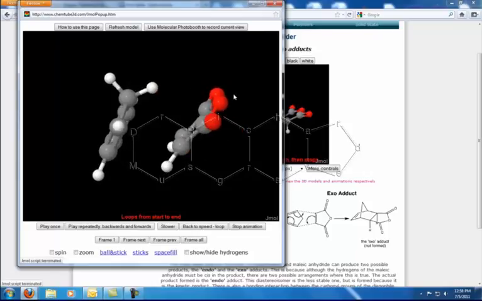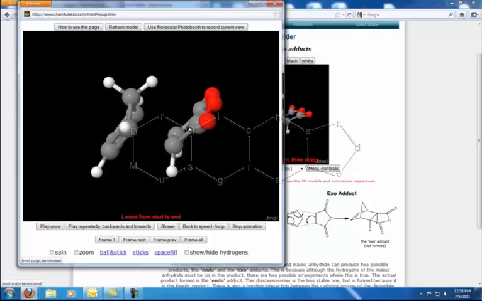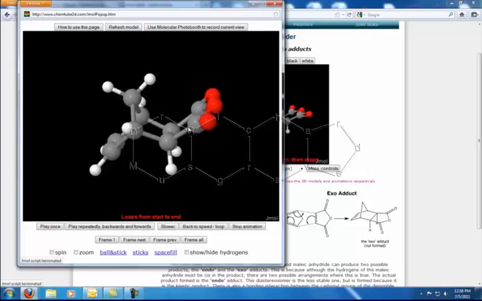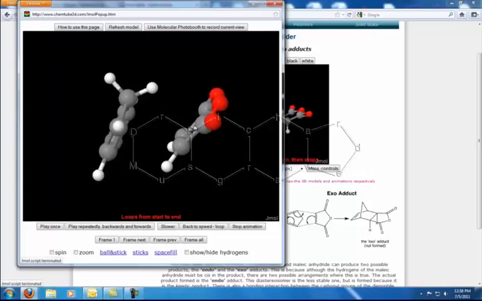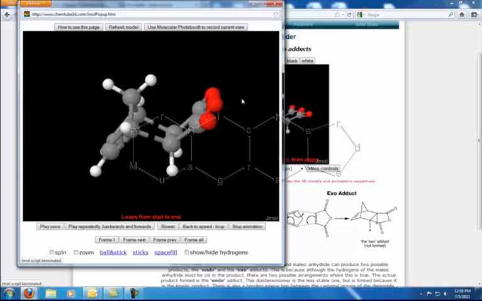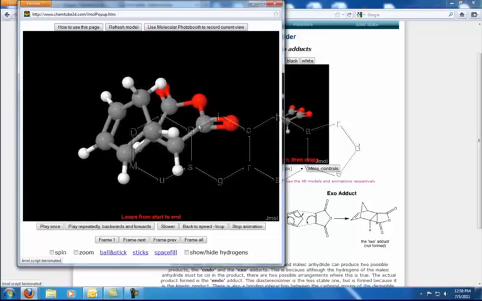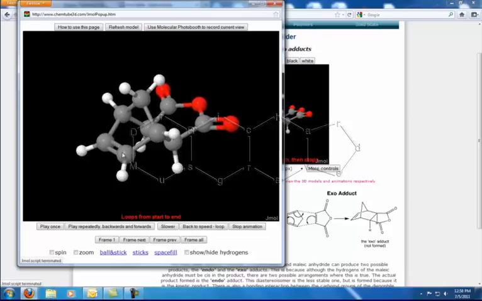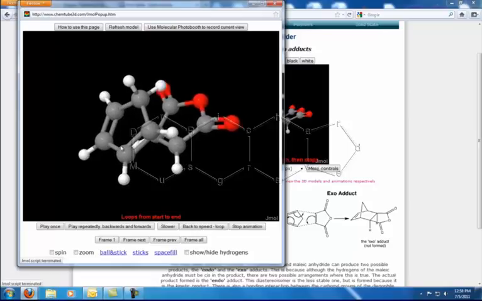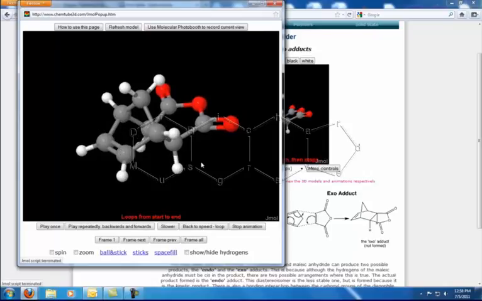And you'll notice that the difference between exo and endo is that now these groups that were attached to the dienophile are now pointing outwards. This is going to give the exo, which is going to have the substituents on the dienophile pointing away from the new double bond that gets formed.